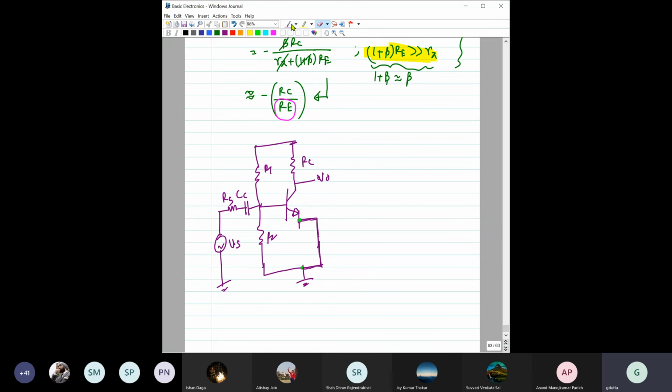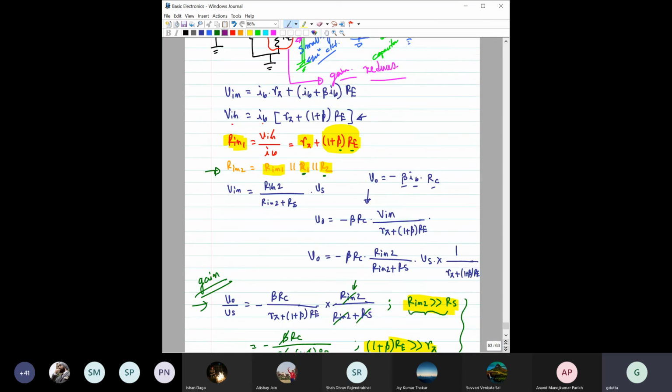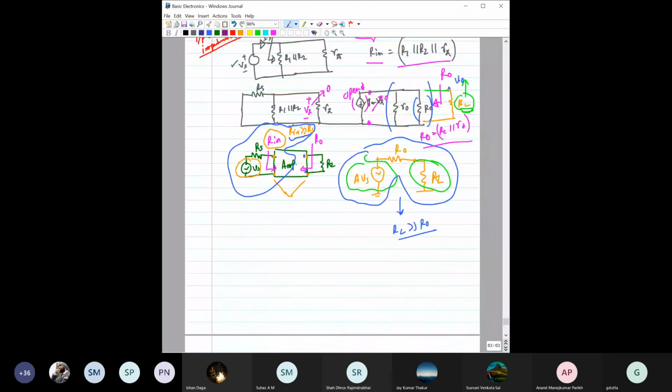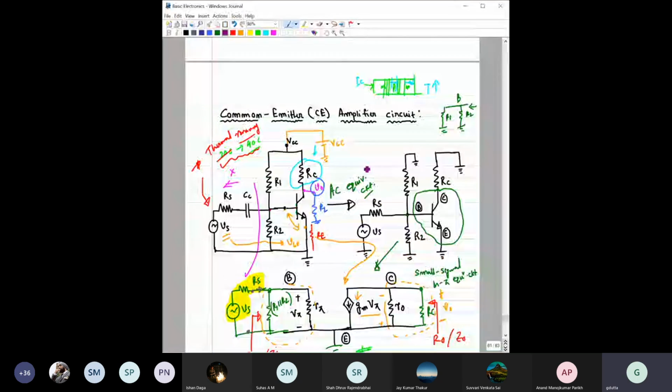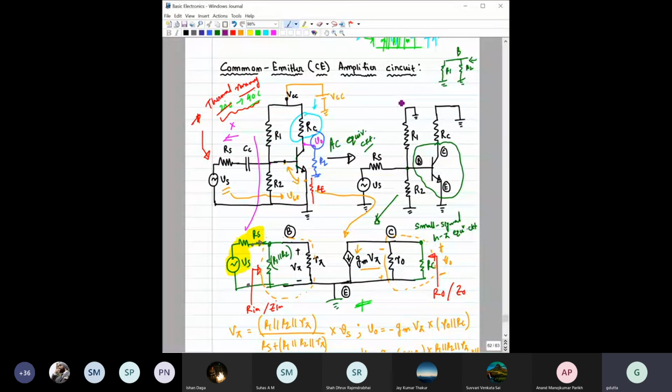Remember, during AC this is also grounded. This CC is now shorted, and the equivalent circuit is like this. You can do the analysis and see this AC equivalent circuit is exactly similar to this circuit.